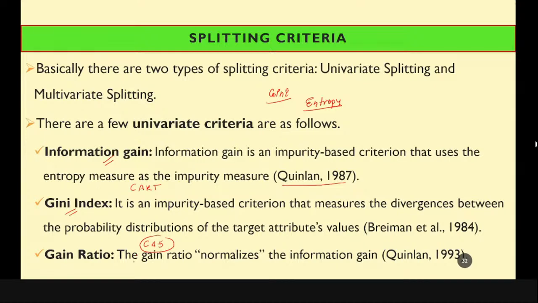In C4.5, we apply the gain ratio, which is a normalized value, or information gain with respect to per unit entropy. Gain ratio is defined as information gain per unit entropy, and you can explore this literature for knowing more about this gain ratio.